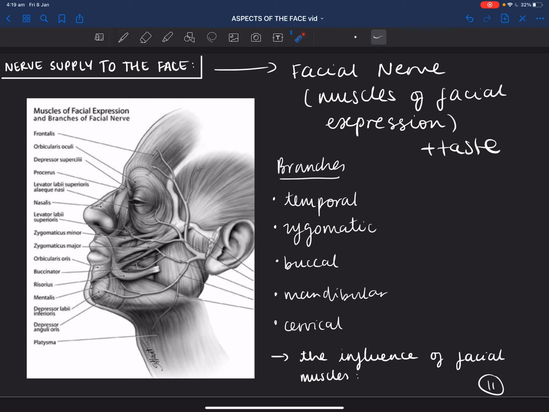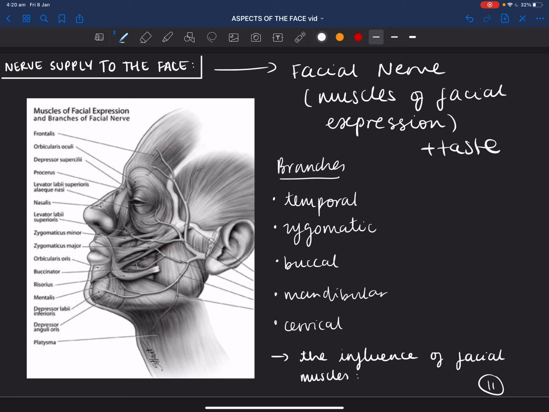Now, the facial nerve will come through the stylomastoid foramen, and it will appear just behind and actually go through the parotid gland. So it will enter the parotid gland and give rise to 5 main terminal branches. These are the temporal, the zygomatic, the buccal, the mandibular, and the cervical.